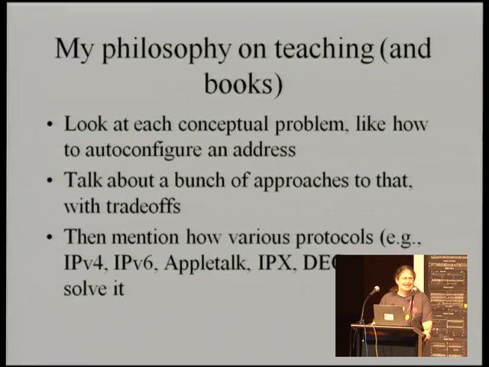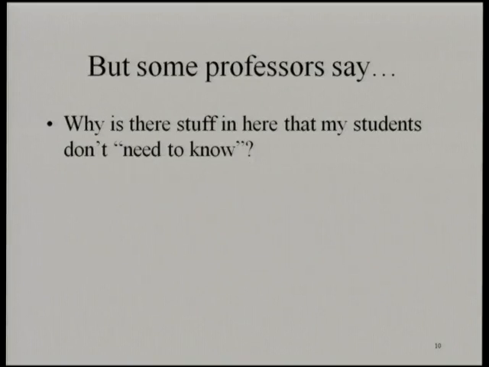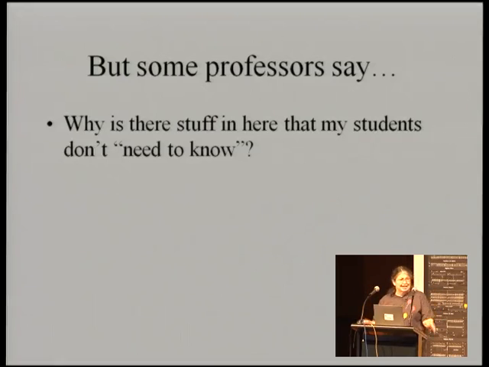My philosophy on teaching and on books is that you look at a particular conceptual problem, like, hey, you plug into a network, how do you get an address? And I say, well, here are 7 different ways that I can think of, here are the trade-offs between them, and then I'll say, and by the way, IPv4 does it this way, IPv6 does it this way, AppleTalk did it this way, IPX, DECnet, etc. But some professors say, why is this stuff in there that students don't need to know?